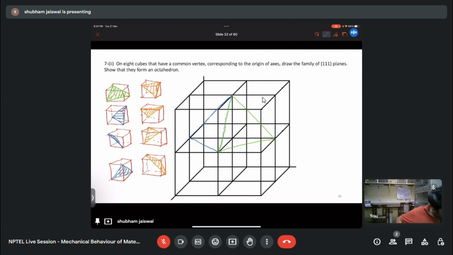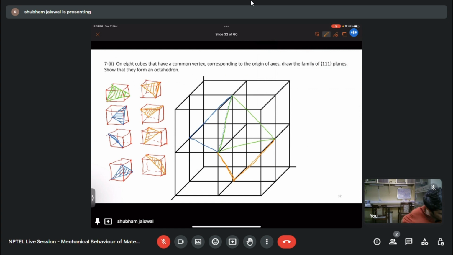This is my second plane. Similarly, at the bottom also I'll get the plane here. This is also a 111 plane.